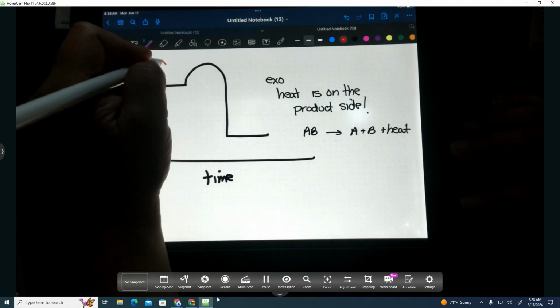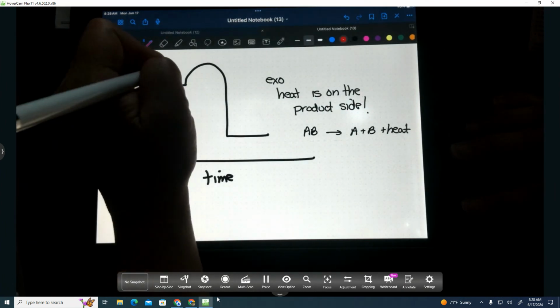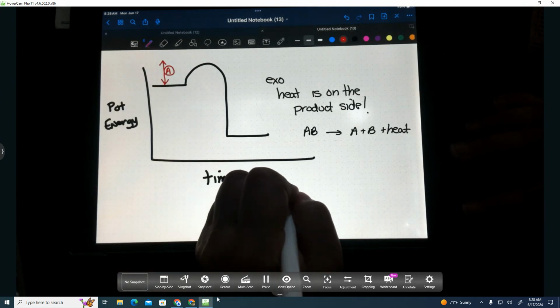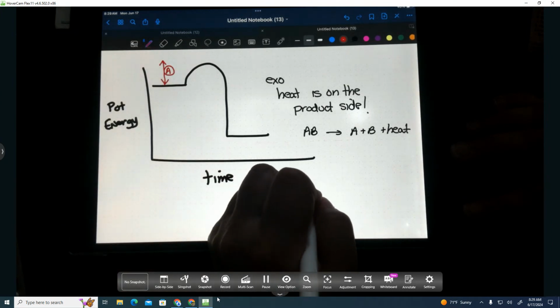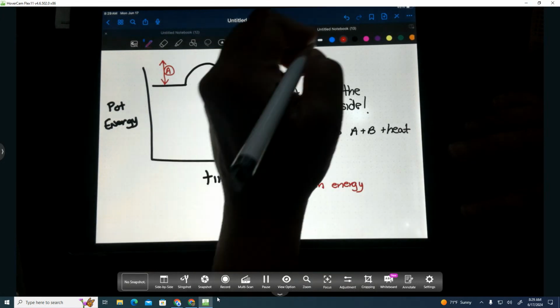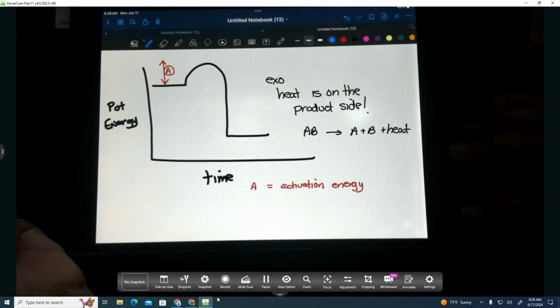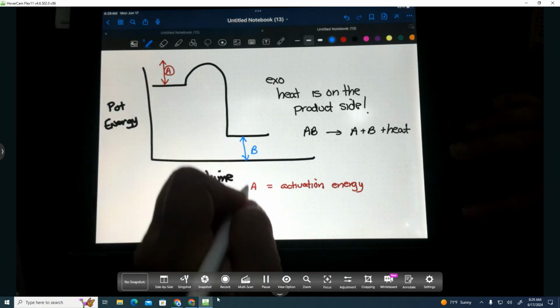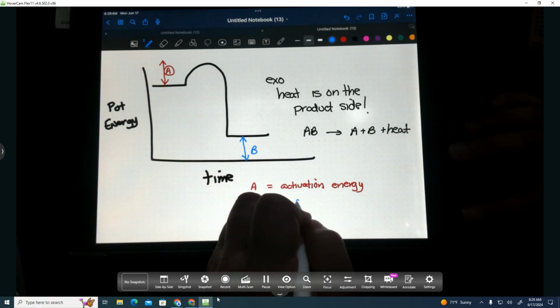Right there. That's the activation energy. So A is activation energy. Where's the potential energy of the products? Bottom right, over here. That's the potential energy of the products.